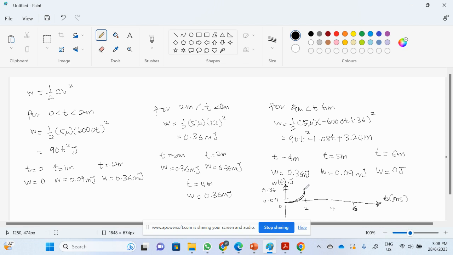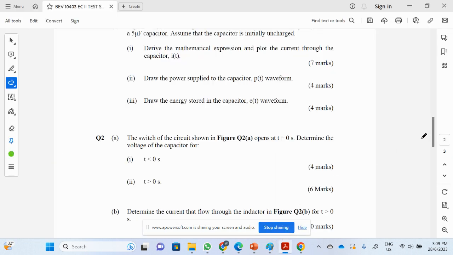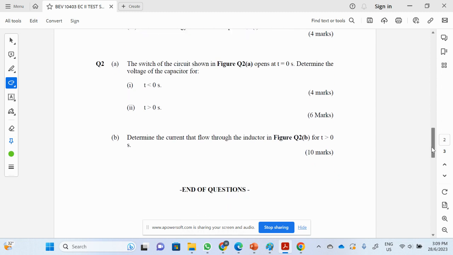Then from 2 to 4 it is all 0.36 millijoule. And then from 0.36 it goes down to 0. At 5 it is 0.09 milli. So this is what the graph will look like for that particular question. Hopefully you understand how to answer that question.